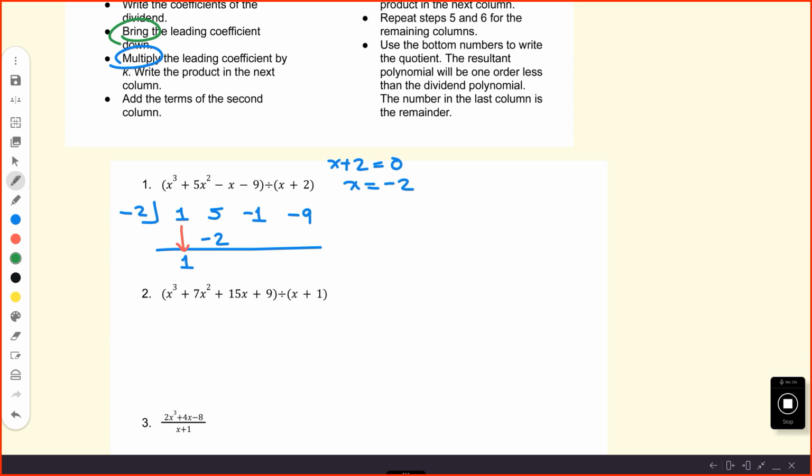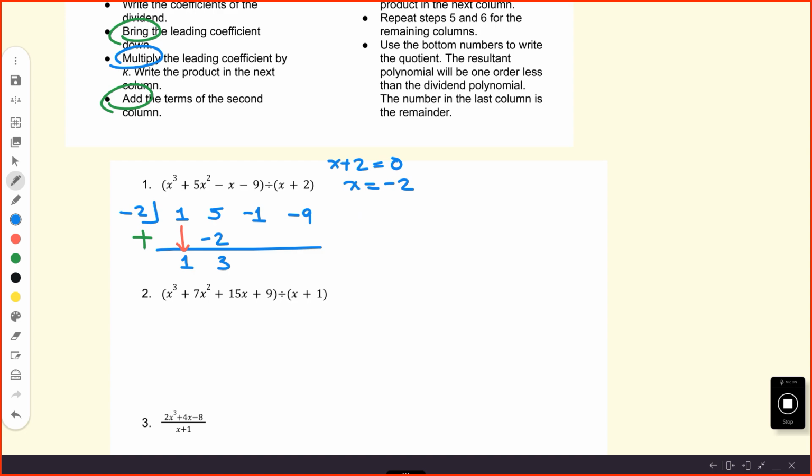Now the good thing here is the operation is addition. Unlike long division, where we subtract the terms, and students sometimes get confused because they forget to change the sign, here you just add the numbers. So that's 5 plus -2, which is 3.